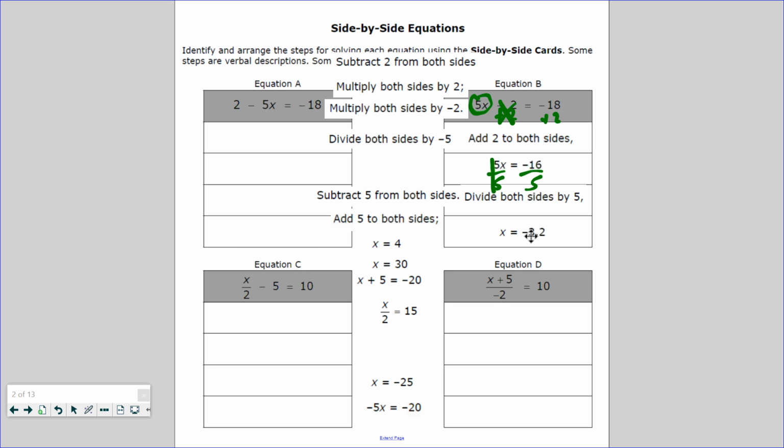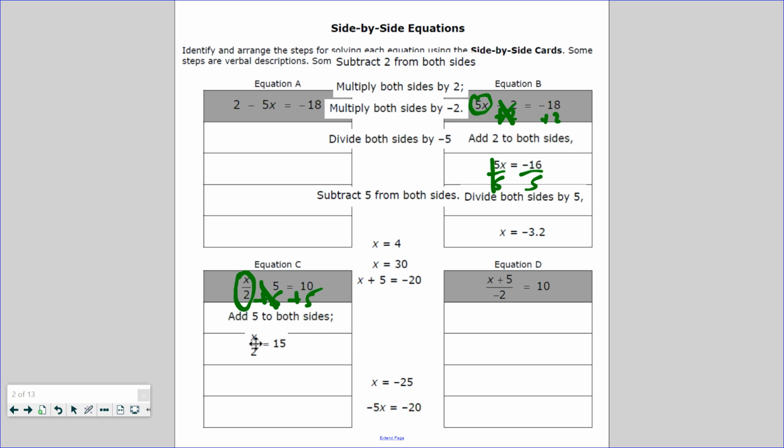So I need to isolate the x right there. The inverse of minus 5 is plus 5. Add 5 to both sides. So it's x over 2 equals 15. Now I have 15 positives.